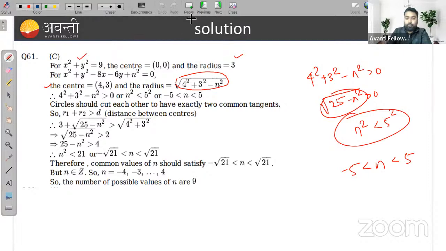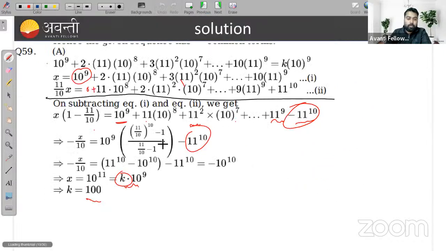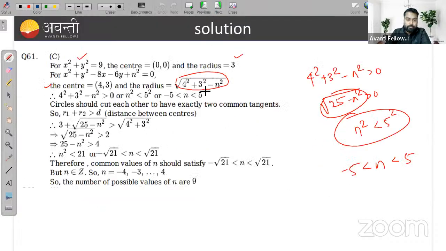So we have both the centers. This is 0, 0, this is 4, 3. So we can easily find D. D will be under root of 4 square plus 3 square, that is 5.